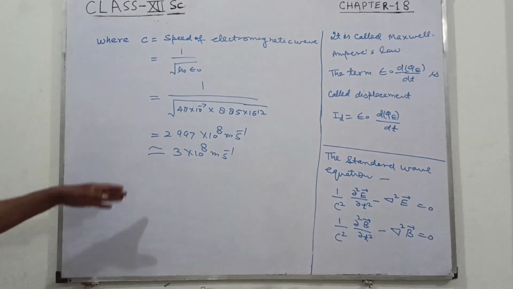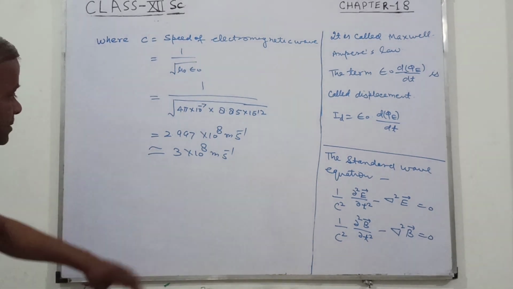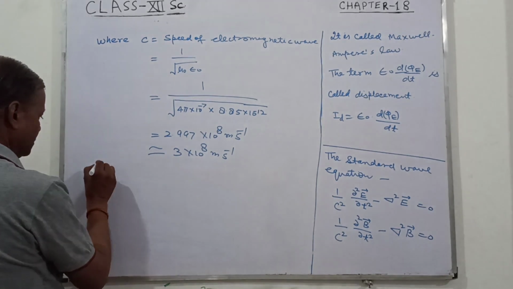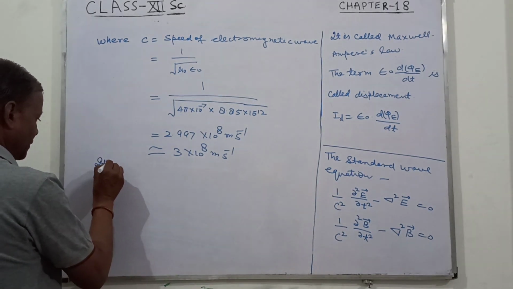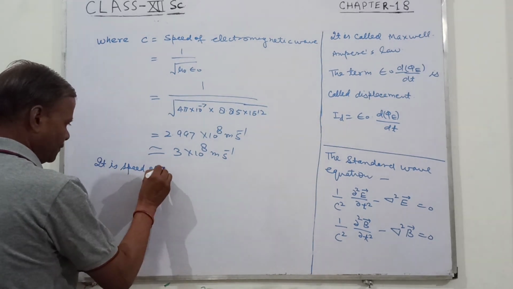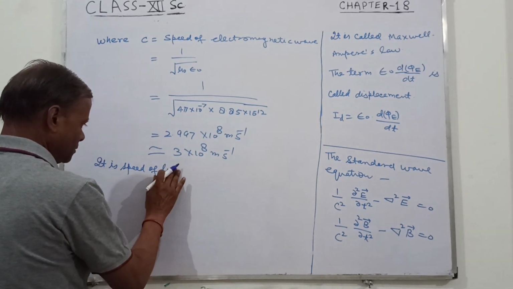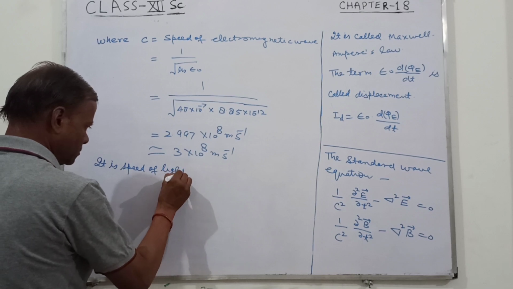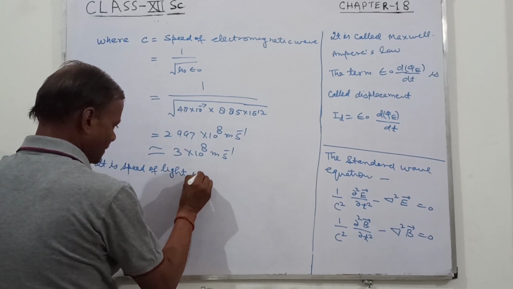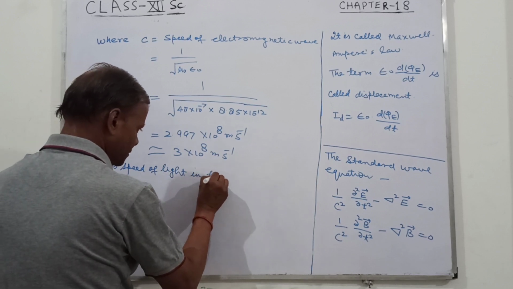So the speed of the electromagnetic wave is equal to the speed of light in free space.